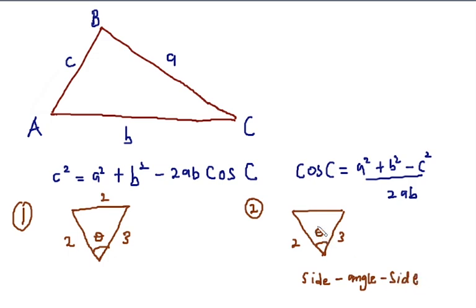That's when you use the cosine rule. If this angle was to be here instead, we would not be able to use the cosine rule for this question. And for this other case, you are given the three sides. So these are the best cases to use the cosine rule.